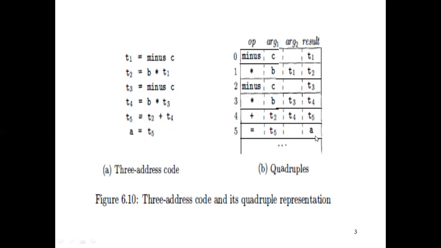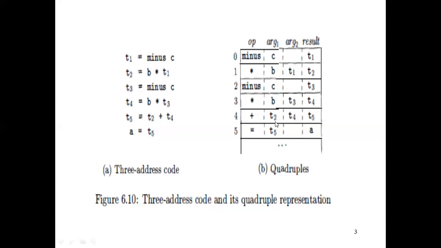So this form is called the quadruples. Now I think you have understood this. In case of quadruples, we consider four items: operator symbol, argument 1, argument 2, and result, along with the line number, which you can start from 0, 1, 2, 3 and so on.